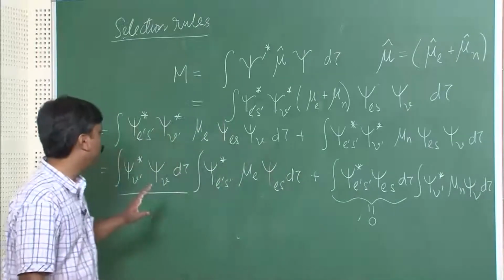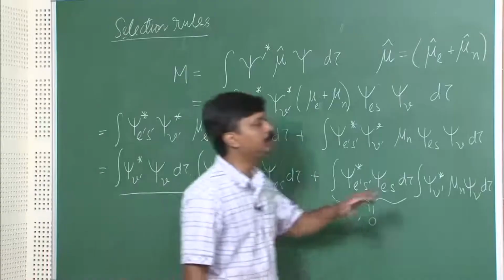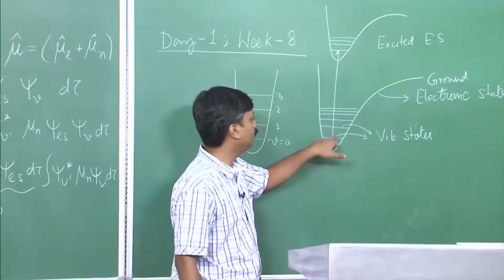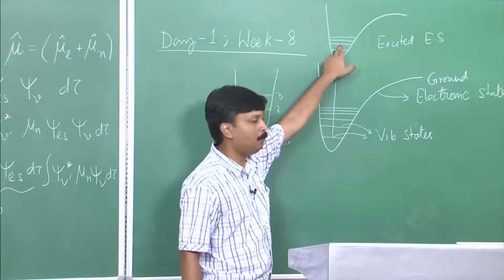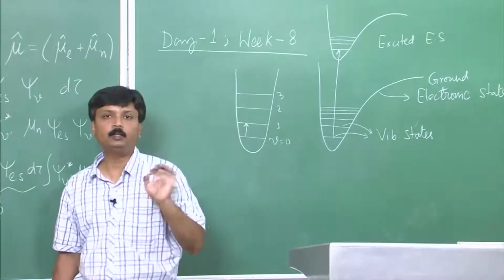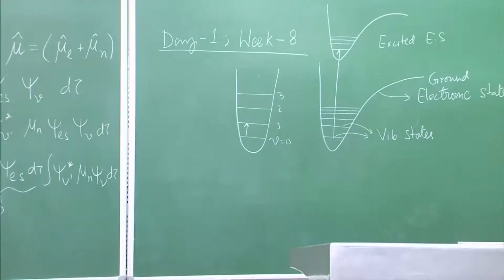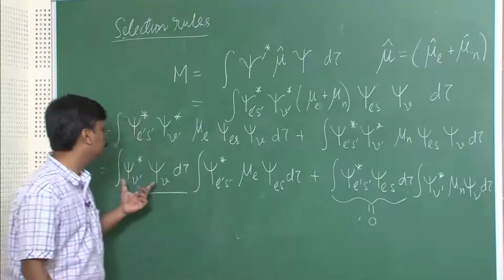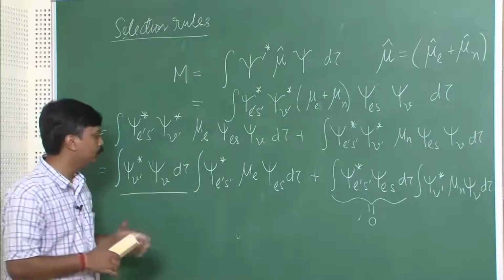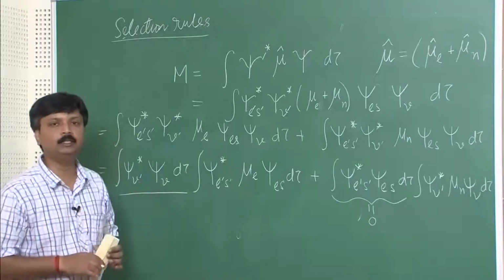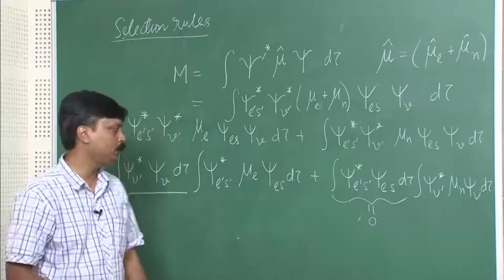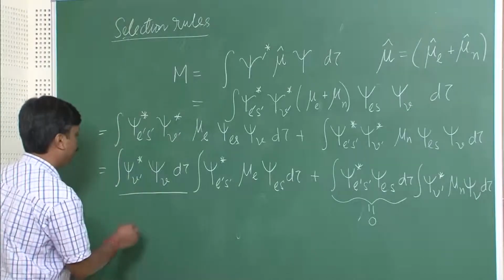Why? Because I am having a transition between two vibrational levels, but these vibrational levels belong to two different electronic states. Therefore, it is not necessary that these psi v and psi v prime will be orthogonal. So that is not necessarily 0. So this term survives.